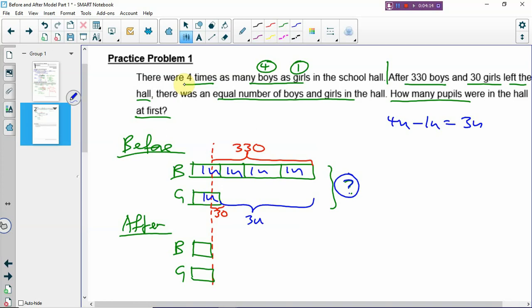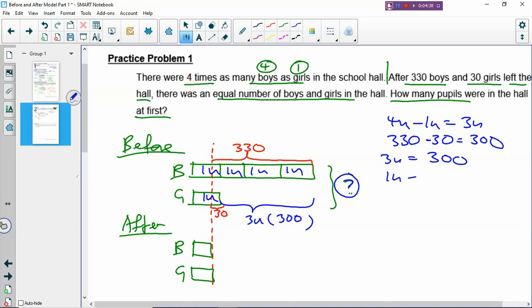Then you look at the whole numbers and also find the difference. 330 minus 30, you will get 300. So there is another difference, which is 300. Isn't that the same as 3 units? So your 3 units is also equal to 300. Then you can find 1 unit.